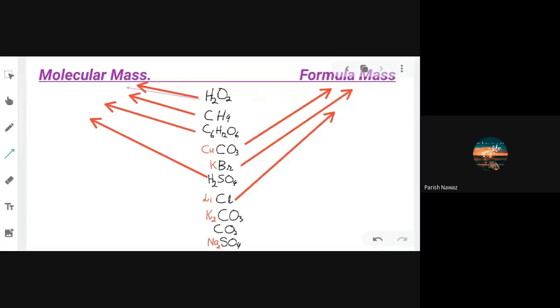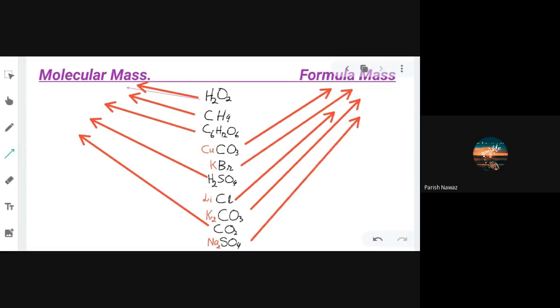Then what about potassium carbonate? Formula mass. Then CO2. Molecular mass. Exactly. Then in the last we have sodium sulfate. What is it? Formula mass. Exactly, this is formula mass.